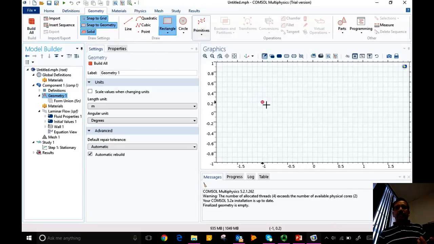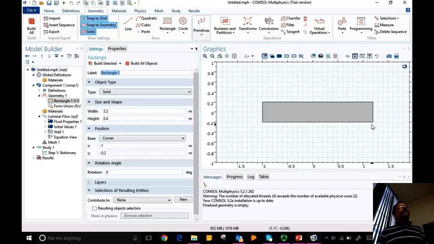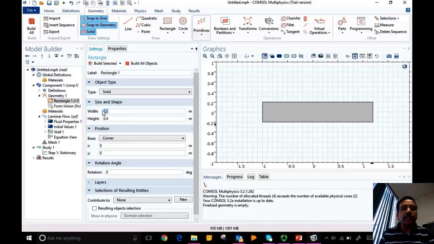Once I select the rectangle, I go to this region, whiteboard, and I can just draw with my mouse a rectangle like that. The moment I draw the rectangle, it tells me what are the dimensions of that rectangle. What is its width, what is its height, depending on how far I stretch the domain. You can come and fix that if you want. If you want the coordinates to be nicely located, for example, I can say position is on the corner, and the corner is 0, 0, and the width is maybe 4, and the height is 0.5.